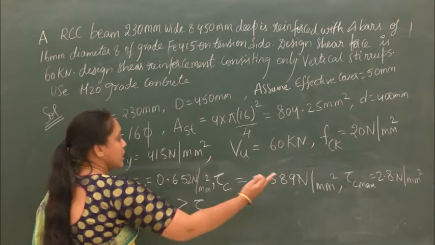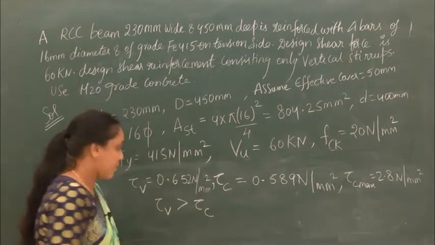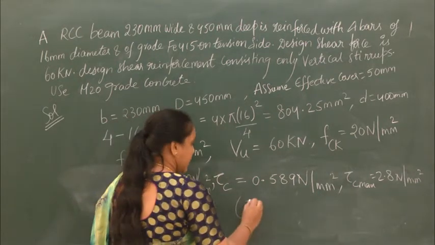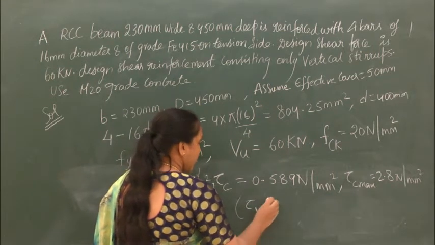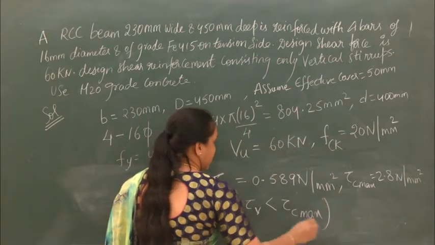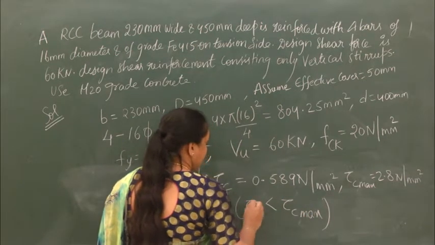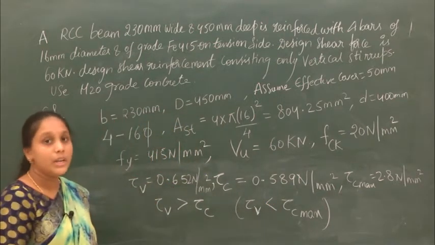So if tau v is greater than tau c max, you have to redesign the whole section. If you observe here, tau v is less than tau c max.